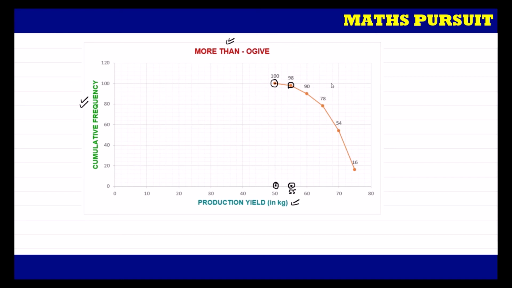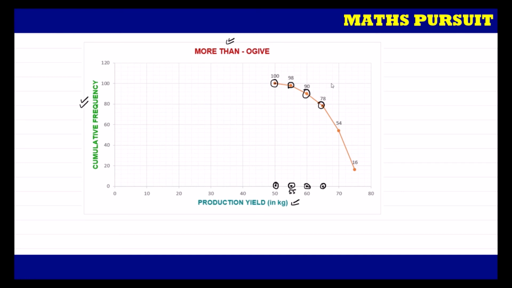Then we have 60, 90. So this is 60, and we have 90 here. And then we have 65, 78. 65 on the x-axis will fall here, and 78 on the y-axis is this one.